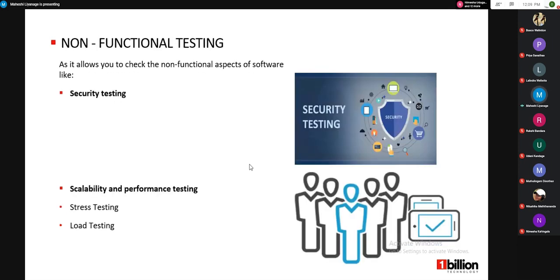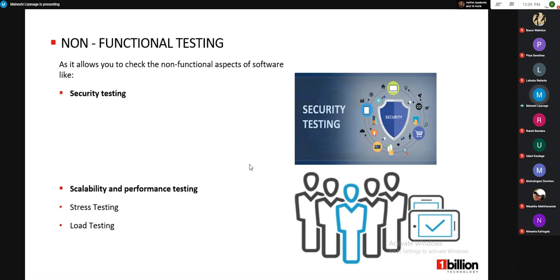Then we have non-functional testing. This allows you to check the non-functional aspects of software like security, performance, reliability, and usability. The first one is security testing. Cloud-based application security testing gives us the feasibility to host security testing tools on the cloud for our testing purposes.